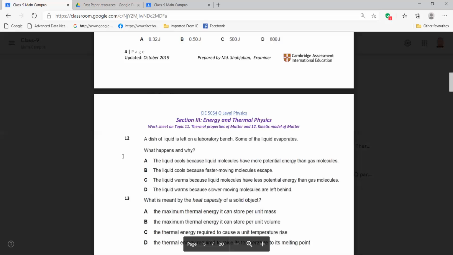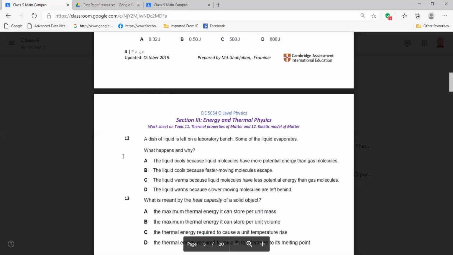If you compare only the liquid state and the gas state, the liquid state usually has more potential energy because it has more binding energy. But gas molecules have less binding energy. They stay far apart, so they have less potential energy. So the statement is wrong in two ways.